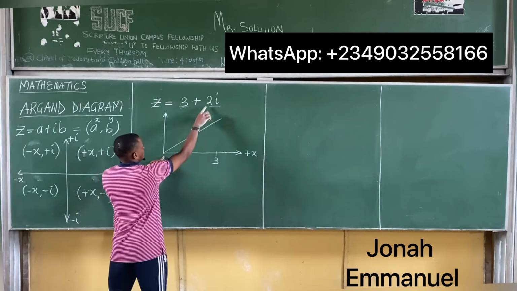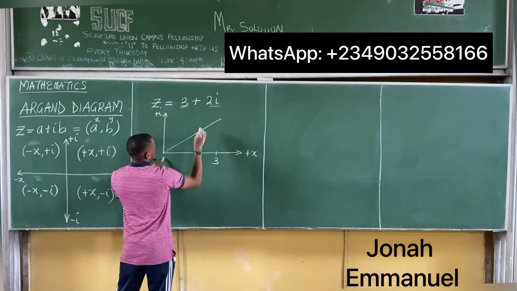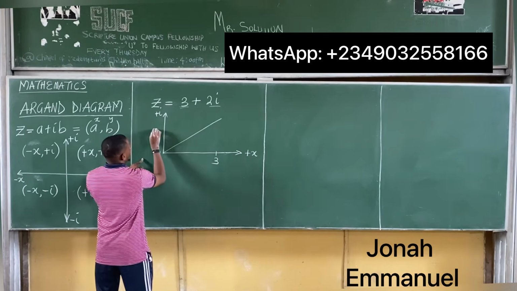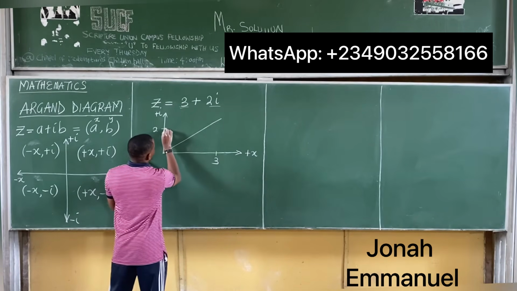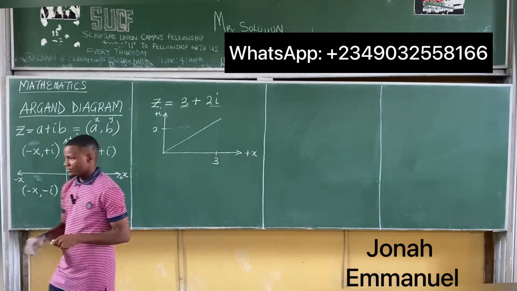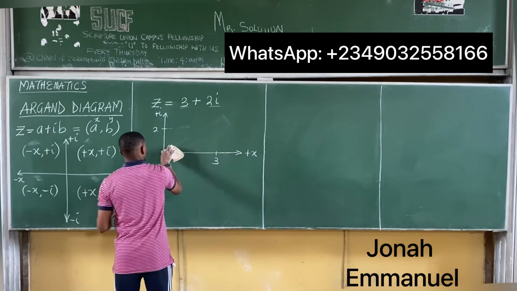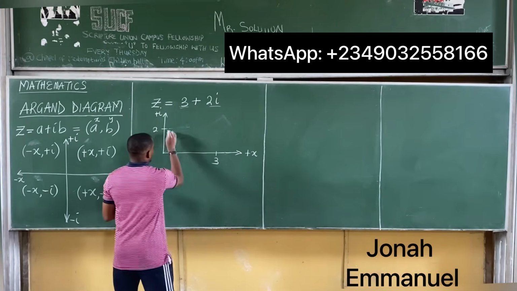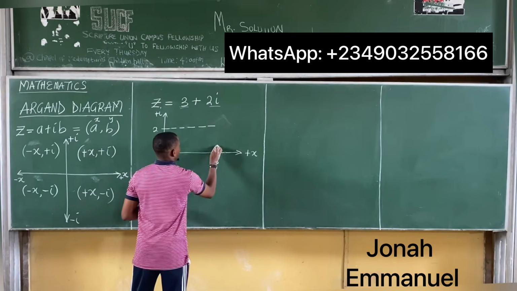And for the i, this is the i region, positive i of course, I have 2. So perhaps 2 somewhere, here 2. So where the 2 and the 3 meet, I have the positive 2 here and the positive 3 here.